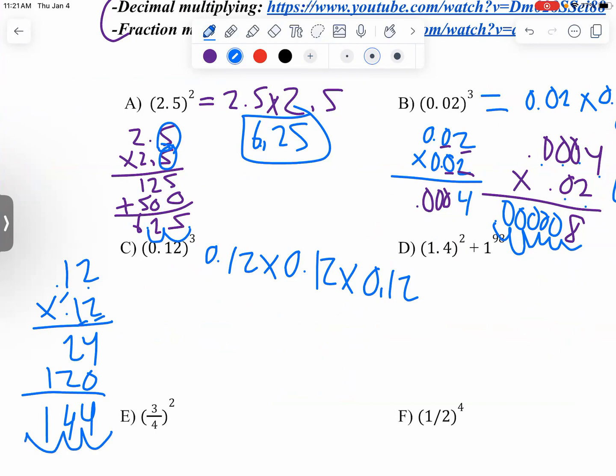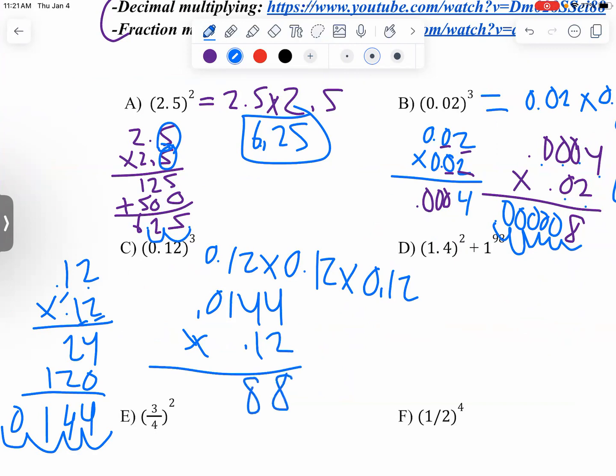So that's going to be 0.0144 times 0.12. Okay, so that's going to be 8, 8, 2, 0, which is not going to really matter here.